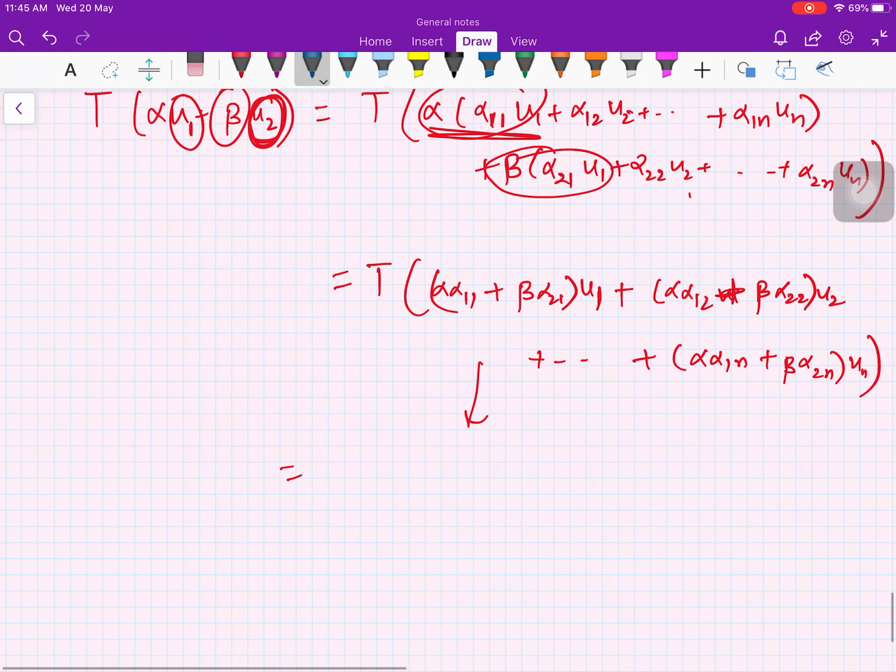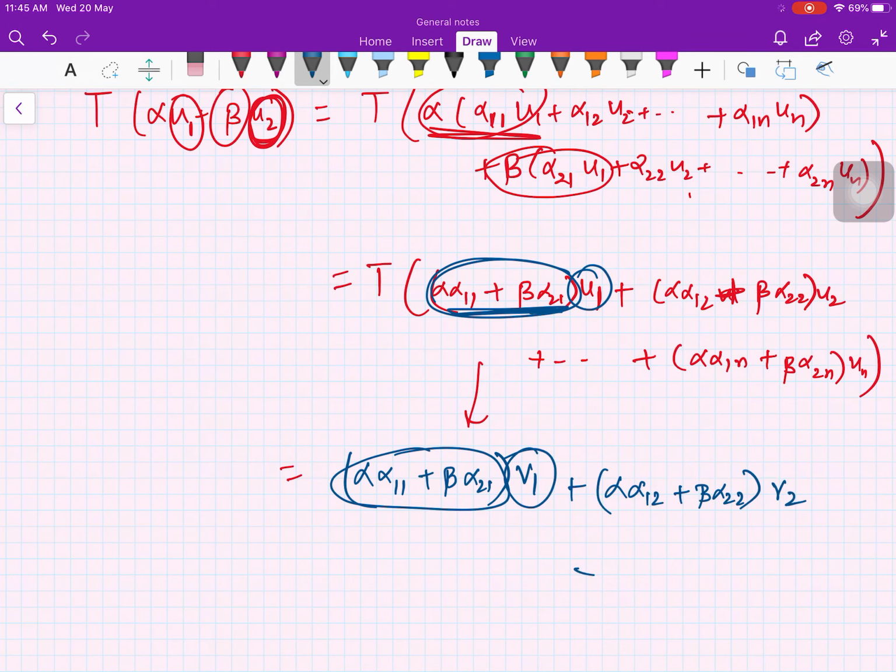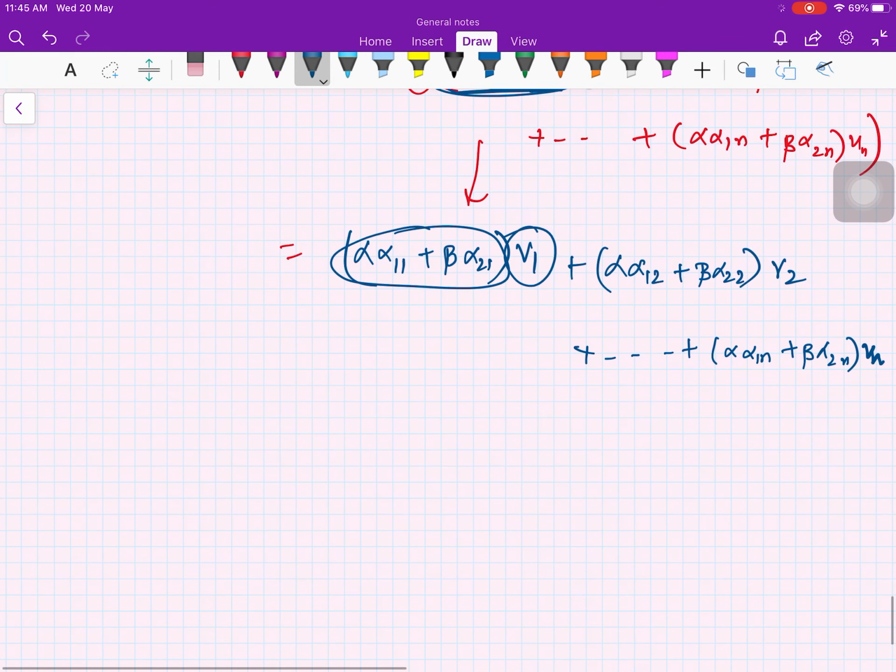Now by definition of T, this is equal to alpha 1 1 plus beta alpha 2 1 into v1. This is how we have defined it: take this coefficient and instead of u1 you write v1, plus alpha 1 2 plus beta alpha 2 2 into v2, and so on, alpha 1 n plus beta alpha 2 n into vn.